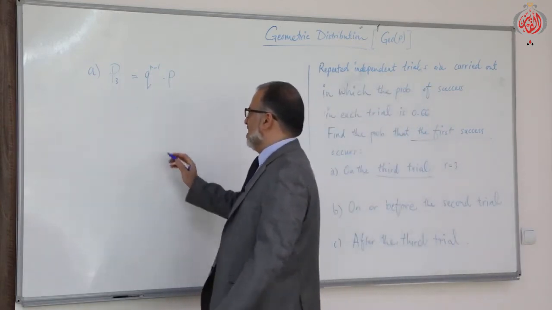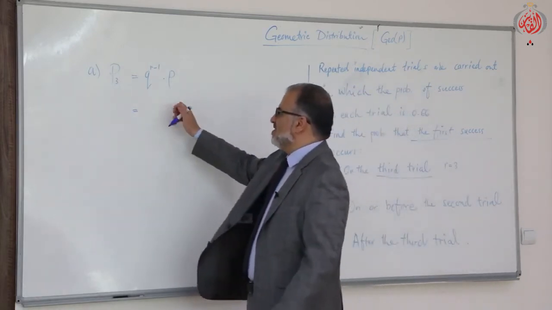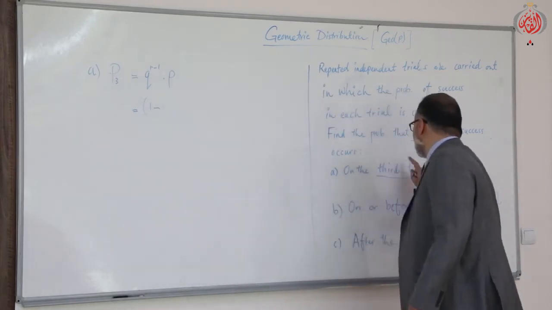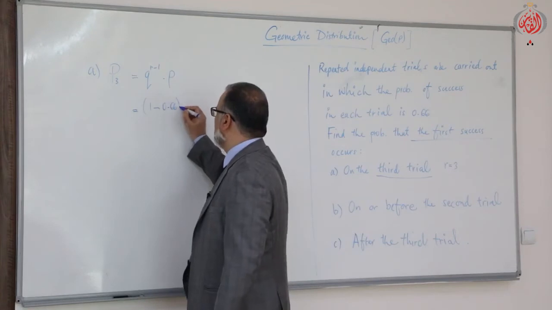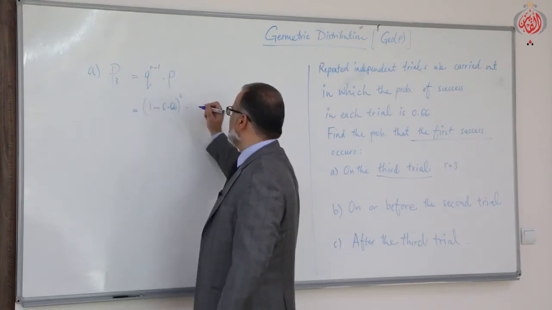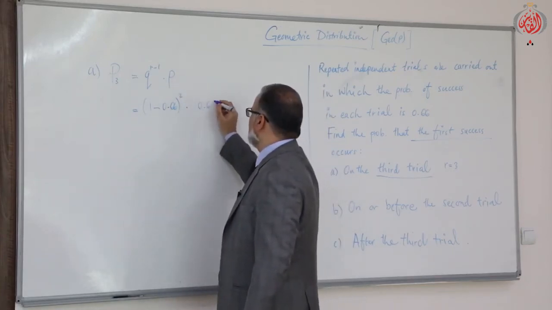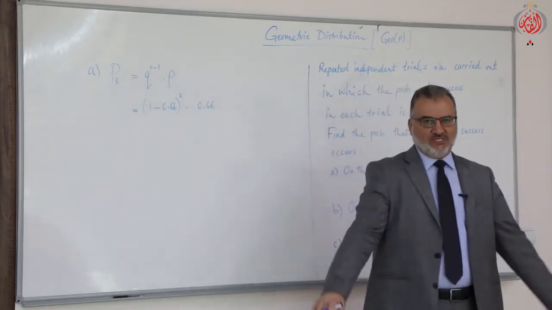Okay, and you know what is Q? It is 1 minus P, the probability of success, which is 0.66. To the power of R minus 1, it means 3 minus 1, 2, times the probability of success, which is 0.66. Always the power is 1 for P, always.